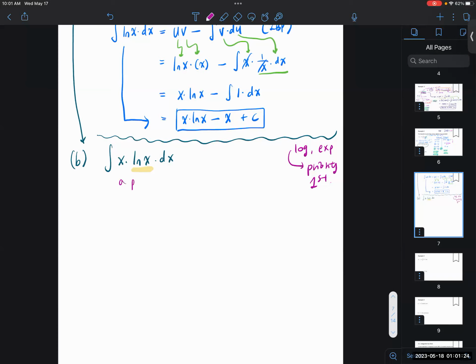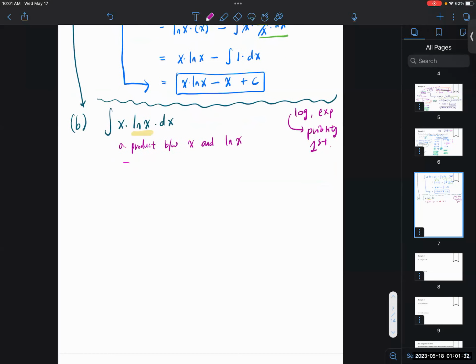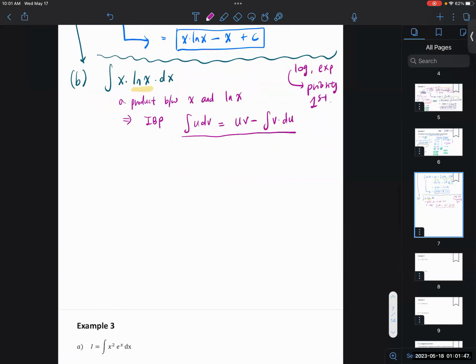So we have a product between x and ln x, and then we're going to utilize IBP. What is it? The integral of u dv equals uv minus the integral of v du. To apply the IBP method, you need to find u prime, v, and v prime.